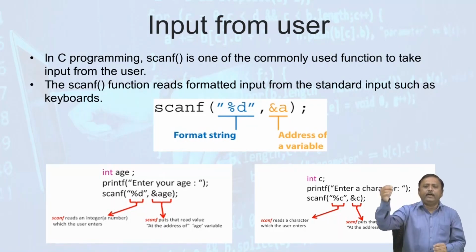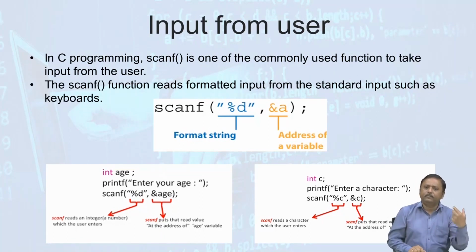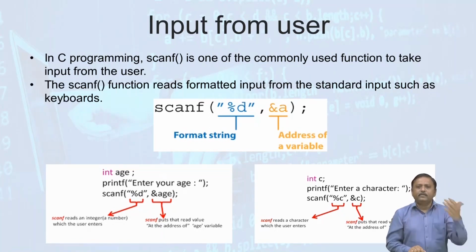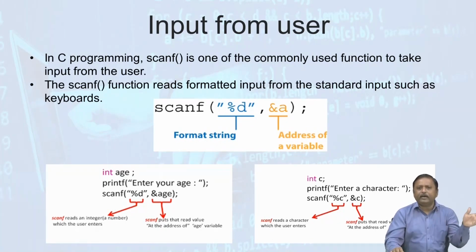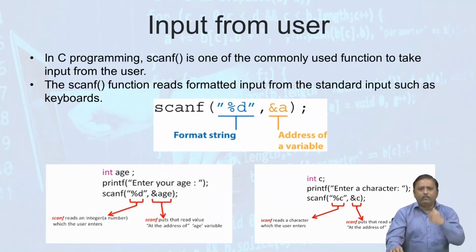So we write enter character and then we write the scanf function, but this time since it is a character, we write %c and we want to store that character in c. So we write ampersand c. So this is how you can get data from the user. Later on we will understand what kinds of data types are supported by the C language and how to get different data in your program.